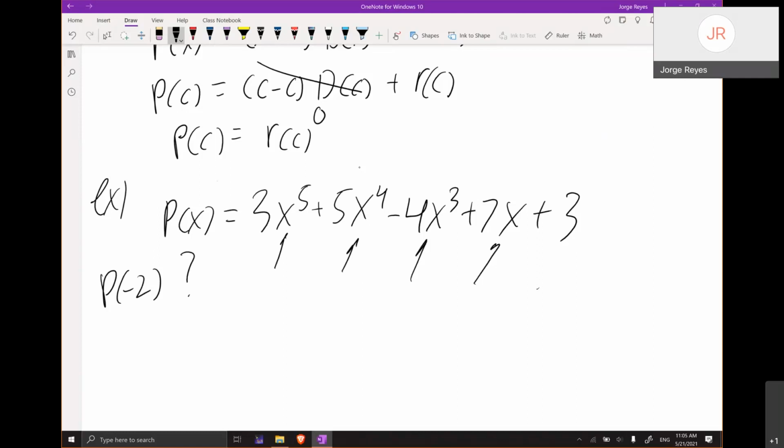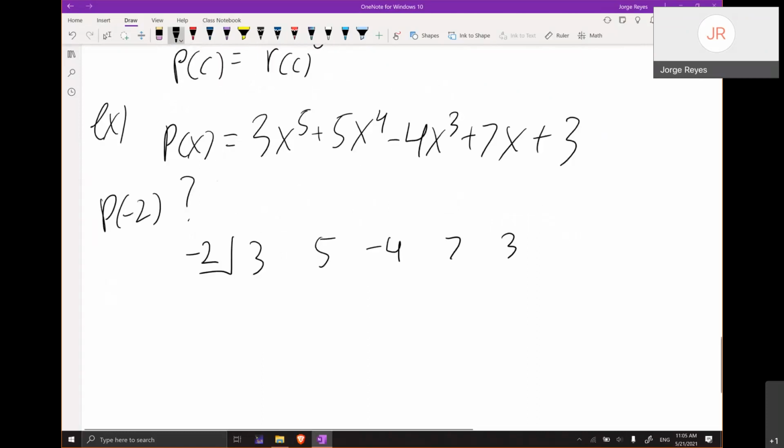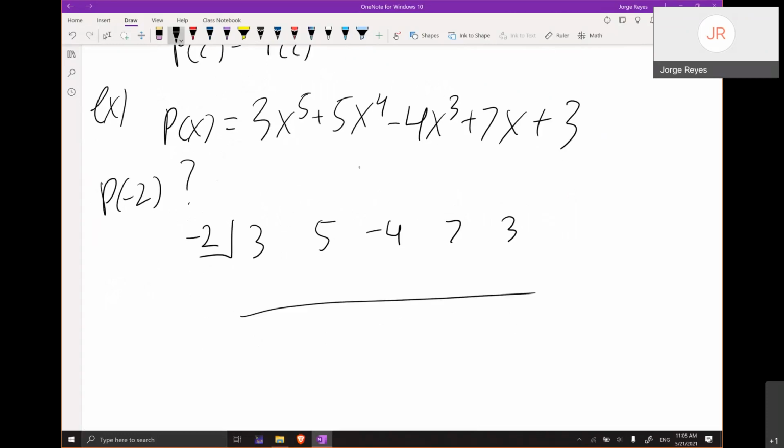You'd want a calculator, because that's a lot of math. One thing you could do, though, is synthetic divide by -2. So if we synthetic divide, it's much less painful.